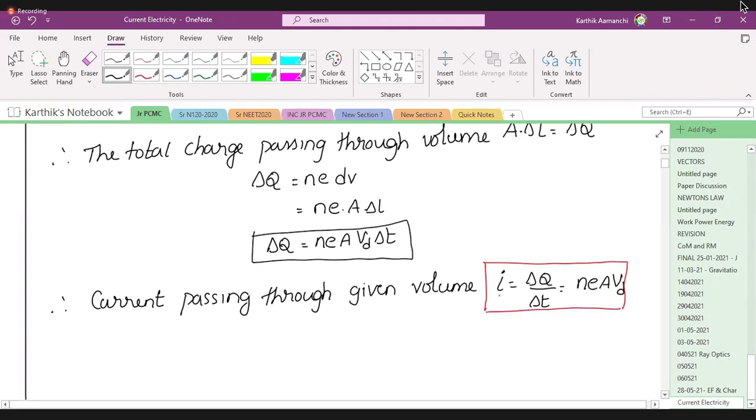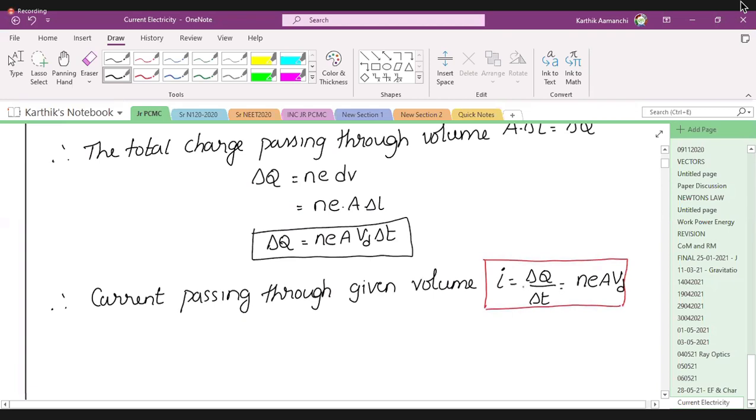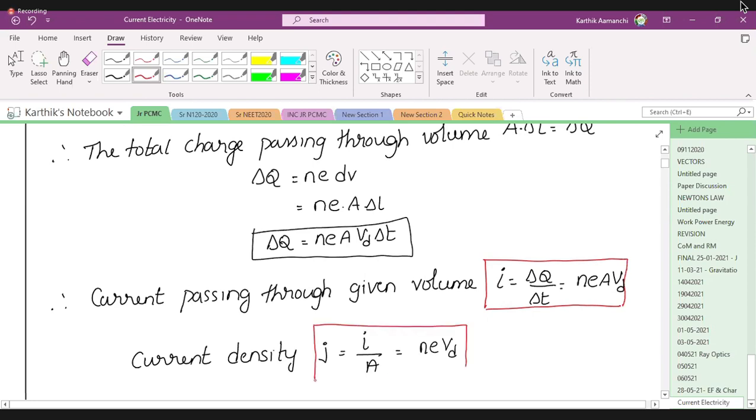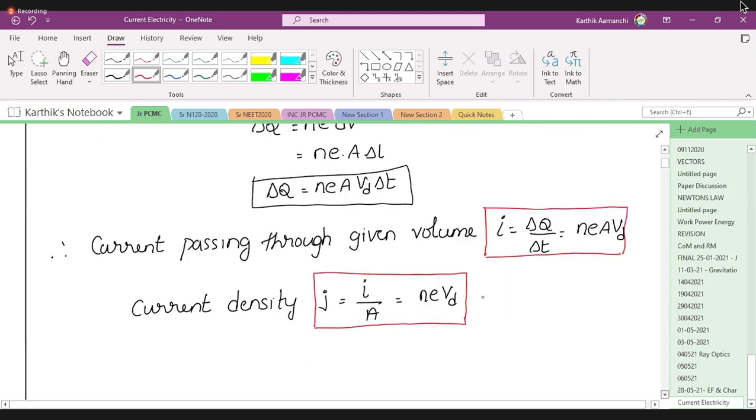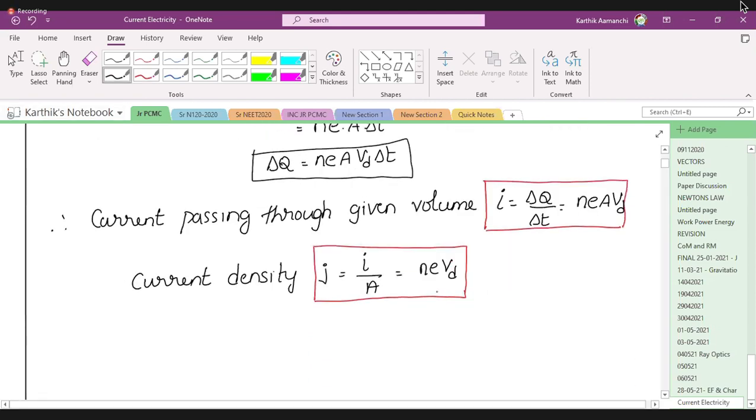Now you got your current passing through the given volume I. What is your current density? I divided by area, so it will become N E VD. So the relation between your current density and your drift velocity is N E VD.